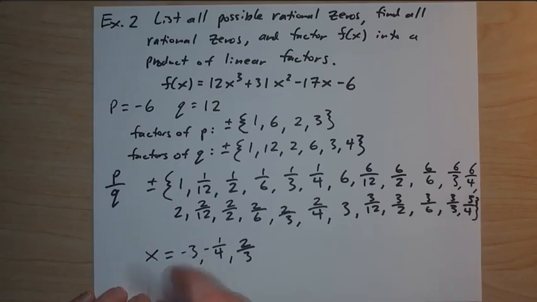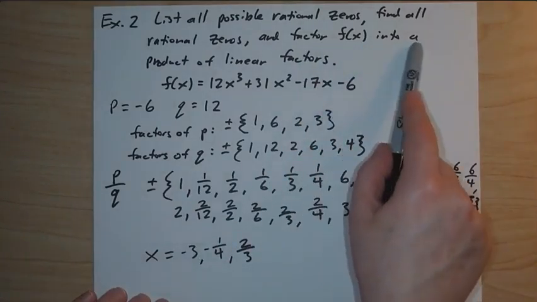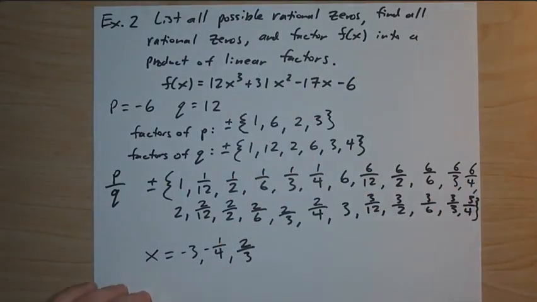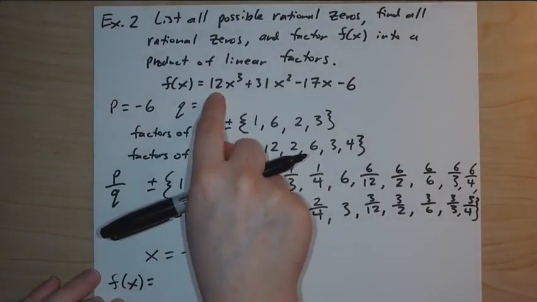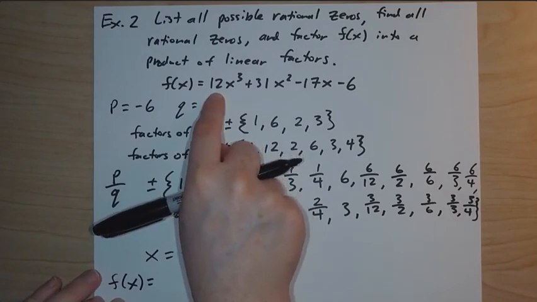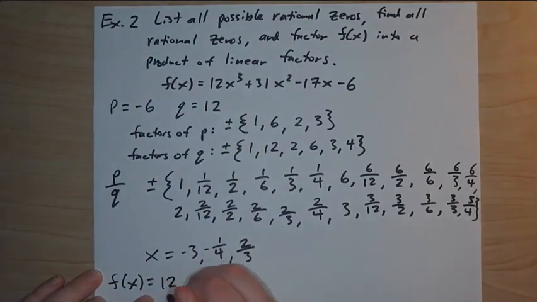So now that we've done that, we want to factor f of x into a product of linear factors. So this is actually very easy to do. We're just going to rewrite f of x in terms of our zeros. We know that our leading coefficient, our a, is 12, so we're just going to write 12 here. And then we're just going to write all of our zeros in factored form.